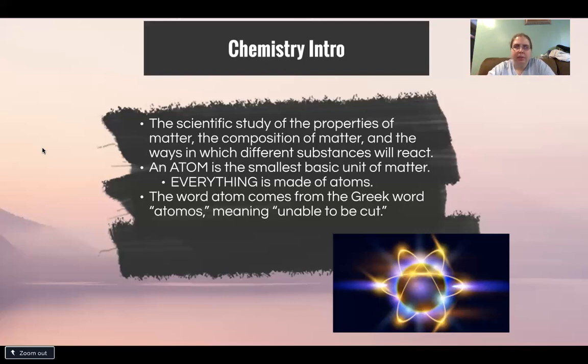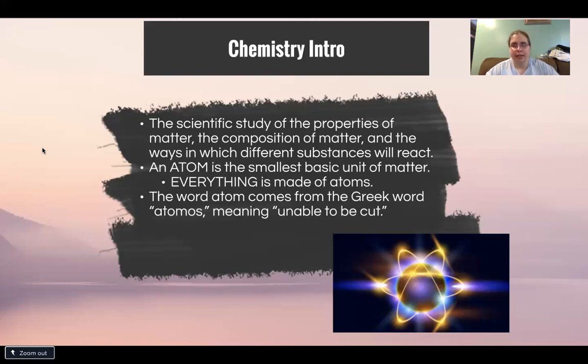All right, so why do we call them atoms? Well, it comes from the Greek word atomos, meaning unable to cut. And that's actually kind of impressive because, first of all, you cannot see atoms with a basic light microscope like we use in science classes today. But thinkers and philosophers and early scientists were able to figure out that atoms had to exist, and they had no way of seeing them. They had no way to prove that they were there.